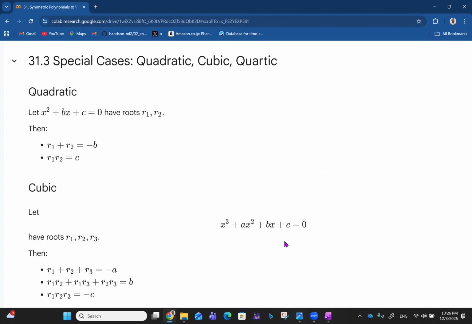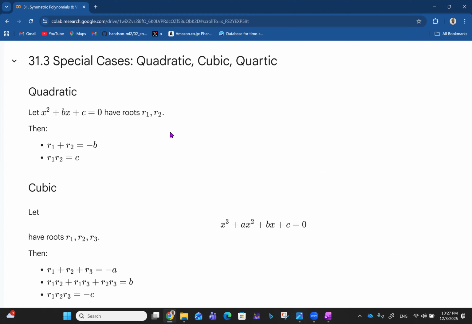So if you go cubic, we're only considering this whole thing for monic polynomials, meaning polynomials that have 1 as the coefficient of the highest exponent.